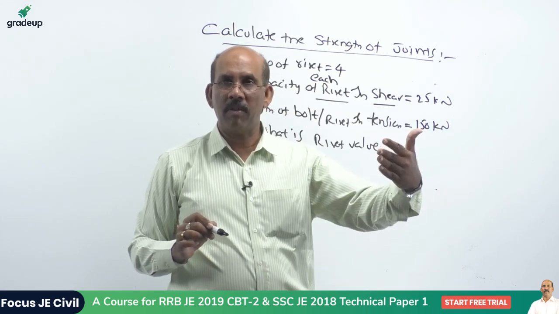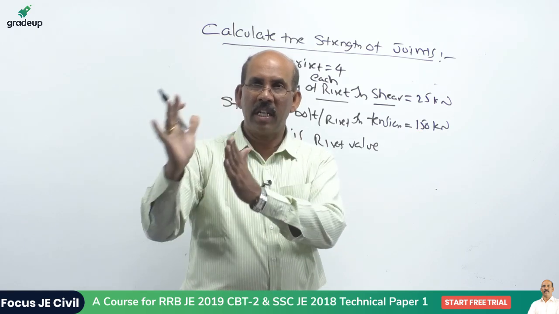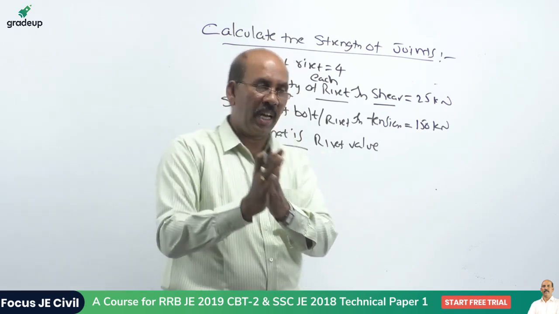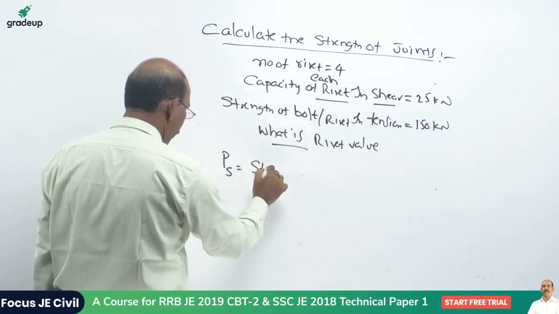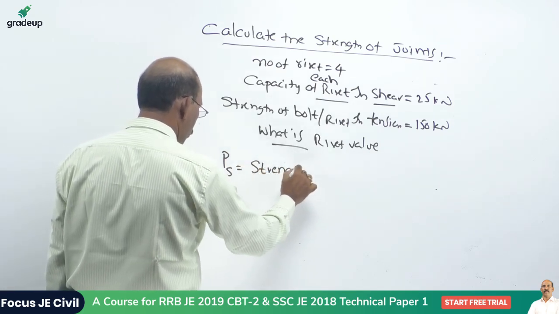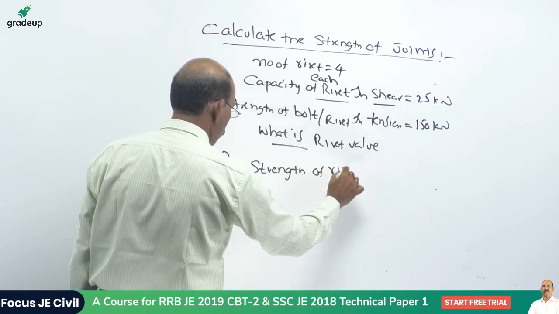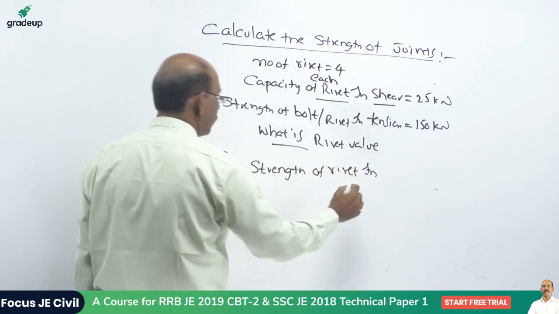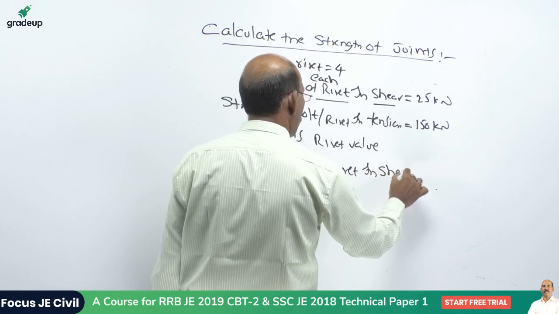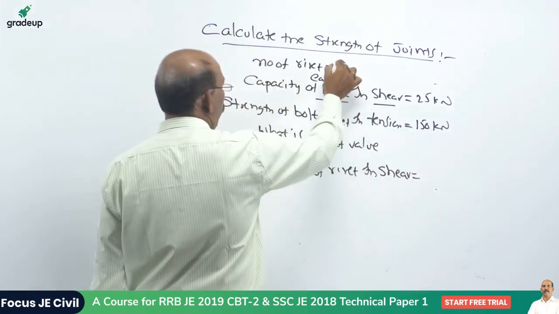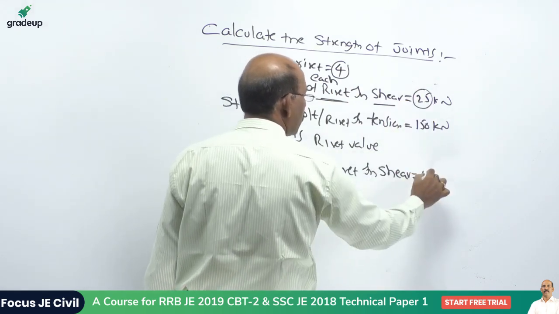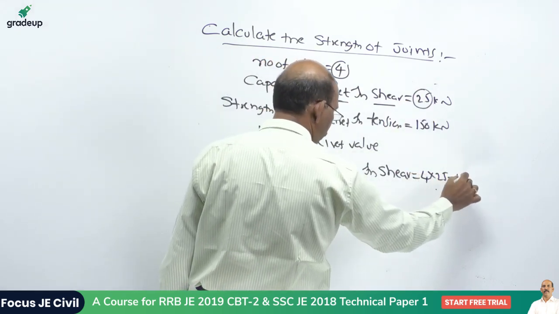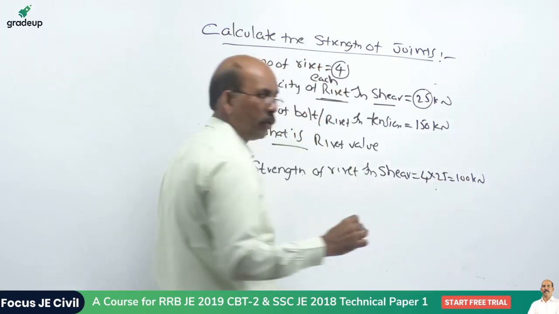From this you can calculate the strength of the rivet in shear. So PS is equal to strength of rivet in shear. The 4 rivets we have, each rivet has a strength of 25 kilonewtons, so 4 into 25, which is 100 kilonewtons.